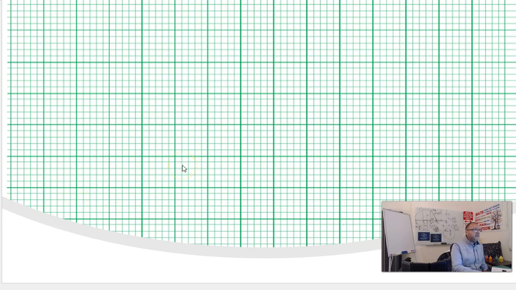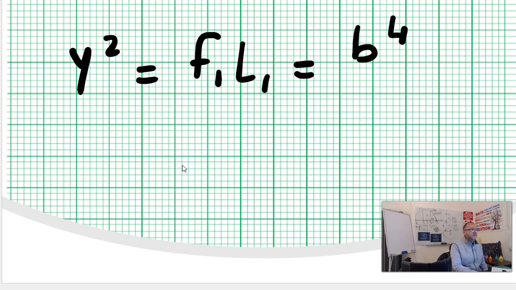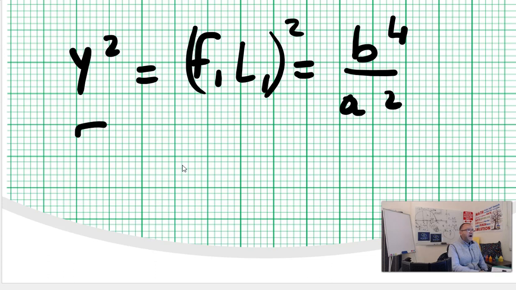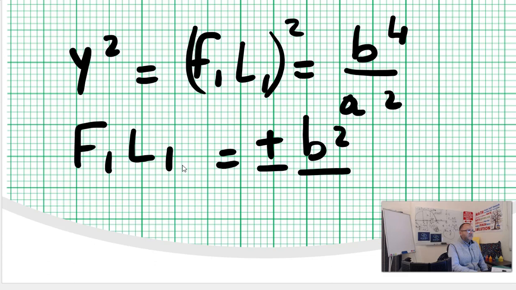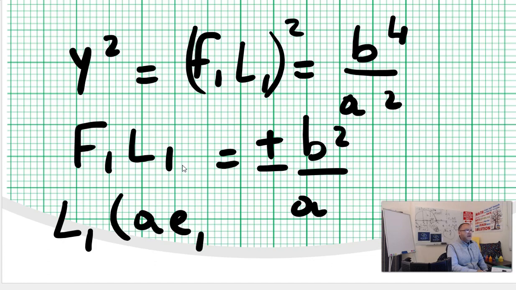So now I get Y squared, or in this situation F1L1 squared, equals B to the power 4 divided by A squared. So I get Y, or F1L1, equal plus or minus B squared divided by A. So I got my L1 at AE, B squared over A, and the other point would be at minus B squared over A, okay?